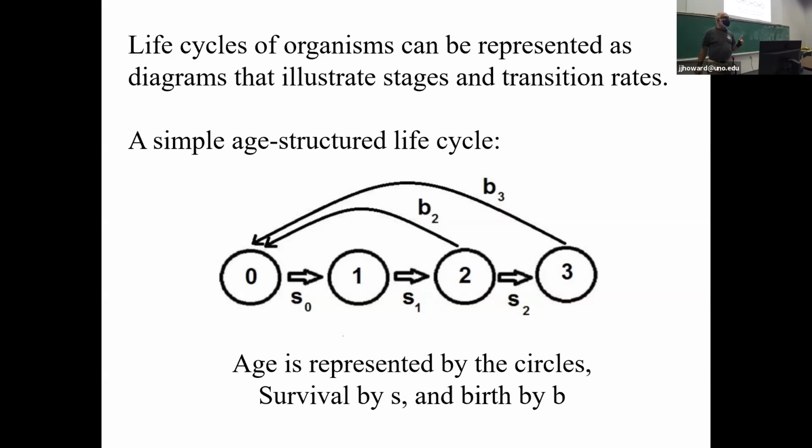We are making the assumption here early on that the only outcomes are that if you survive, that's one outcome. The only alternative is that you die. We will make more complex life cycles later on in which other possibilities can be modeled.